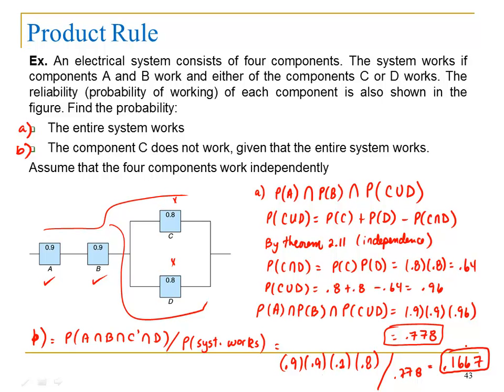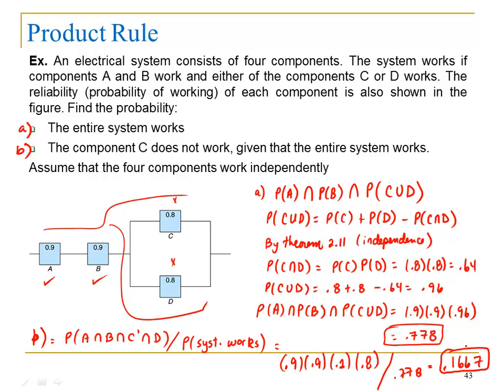Okay? That's the answer. That's the probability that the system is going to work based on C not working. Now, when we have a given information, we know the probability that the entire system is going to work is based on our observations and experiments.